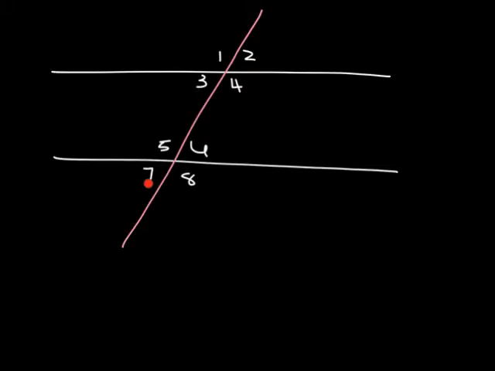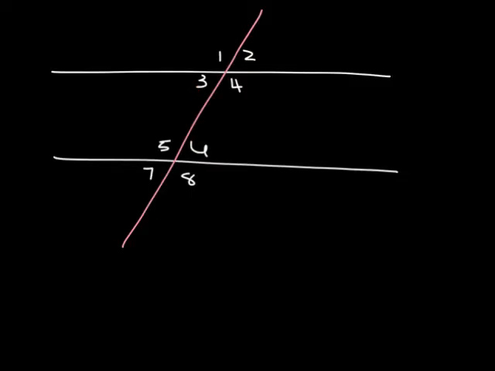We also know that this angle and this angle will be the same as this angle and this angle, which means this angle and this angle are going to add up to 180. 3 and 4 add up to 180, 1 and 2, and 1 and 3. So we know a whole bunch of stuff just about those.